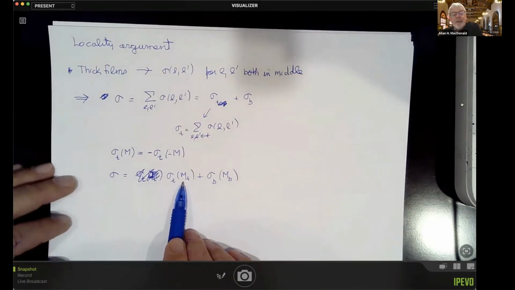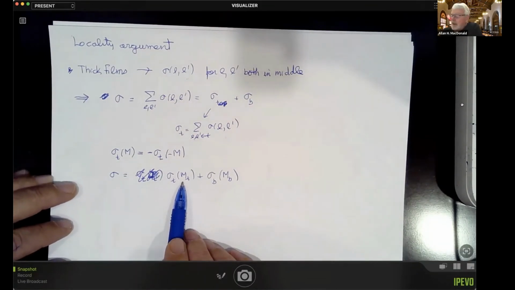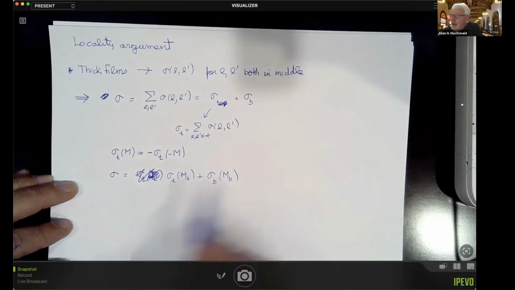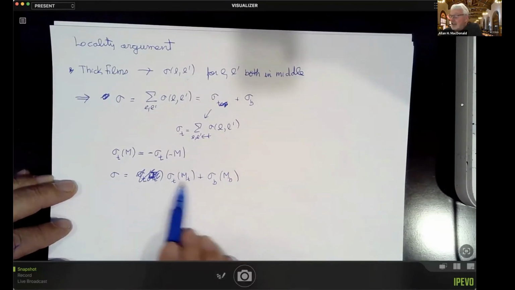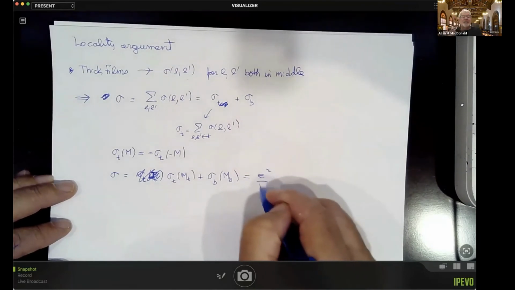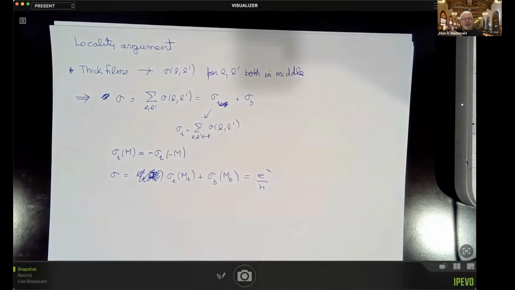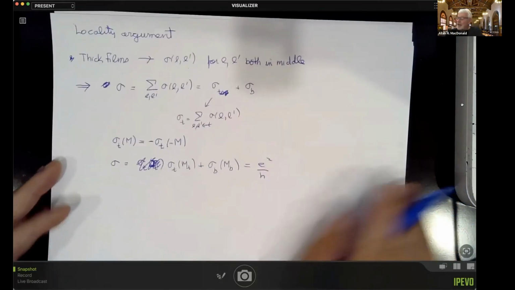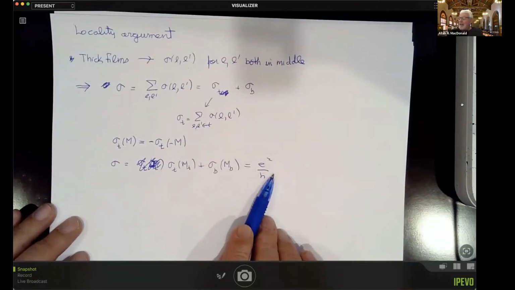But the quantum Hall effect tells us that this is always e squared over h. Let me call it 1, or let me assume that the Hall conductance quantum number is 1.